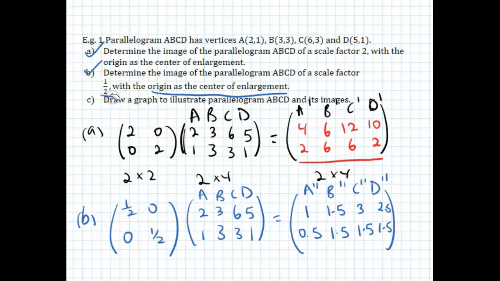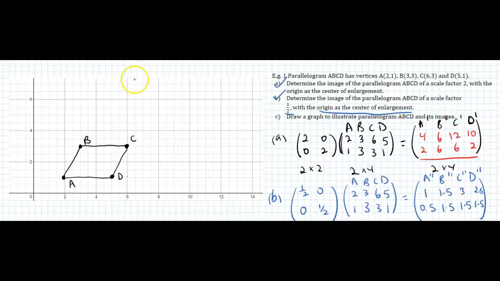Now we need to draw a graph to illustrate this, so let me proceed to that. The first thing I do is plot my object, which is A, B, C, D. Because I have the matrix method, I already have the coordinates, I just need to plot the points. So that'll be like this. That's A dash.